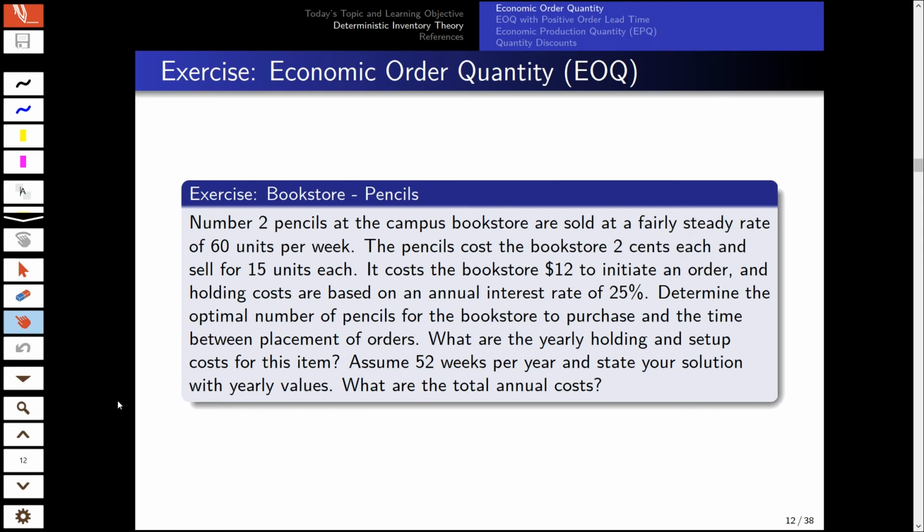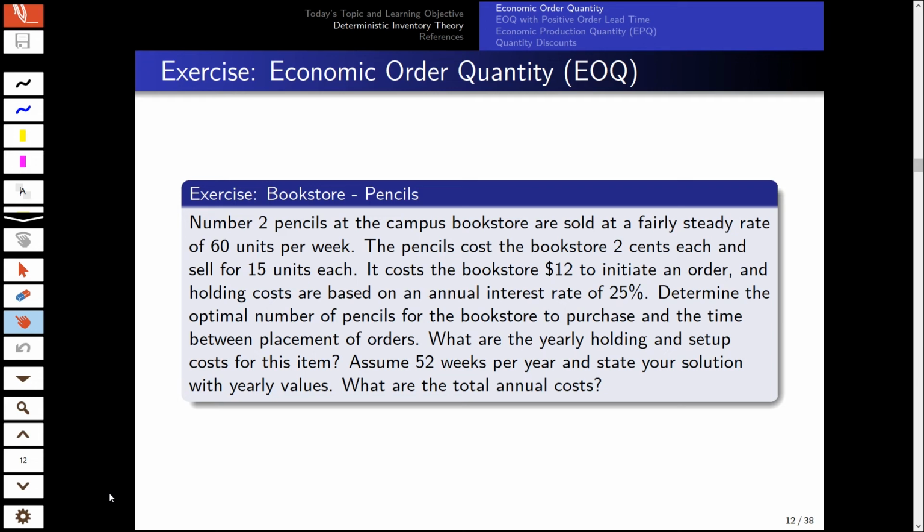So let's take an example now and calculate the optimal order quantity and the reorder point for the bookstore that orders pencils. So here we have the exercise. We have a campus bookstore that sells number 2 pencils at a fairly steady rate, 60 units per week. The pencil cost for the bookstore is 2 cents for each pencil, and they sell it at 15 cents each.